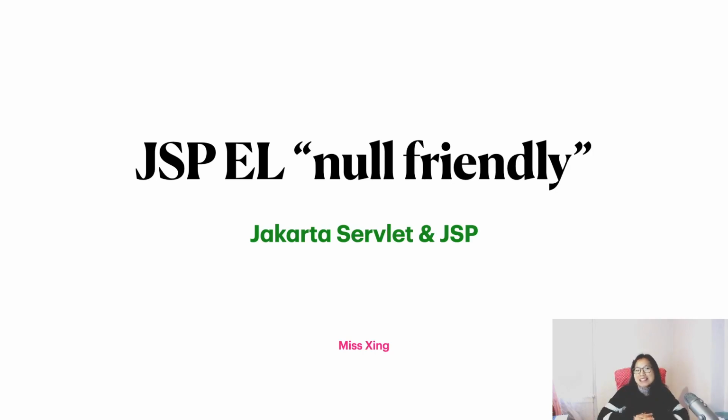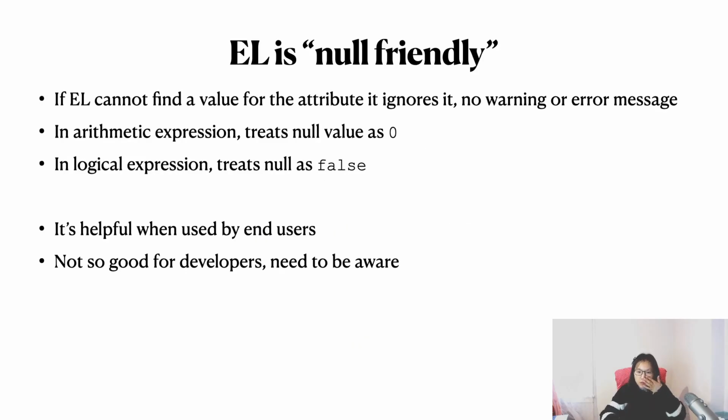This should be the last video related to expression language, okay? It's called non-friendly, or you can say fails silently. I mentioned this feature before, but I want to have another video just to talk about this behavior inside the expression language.